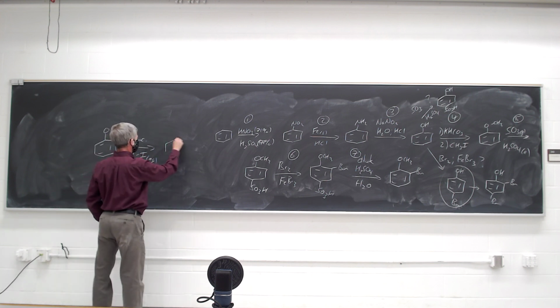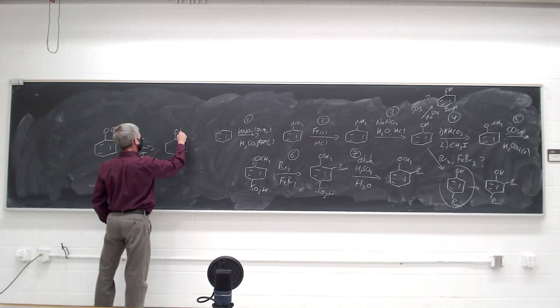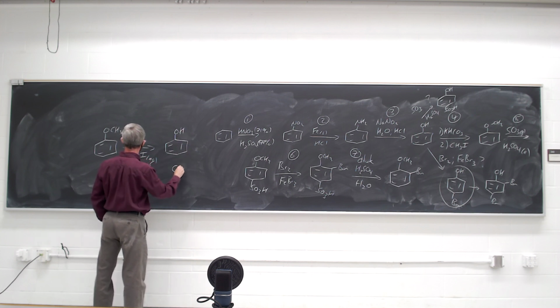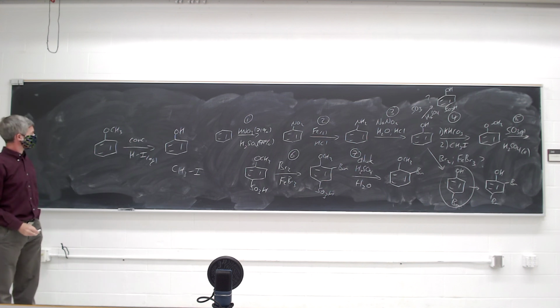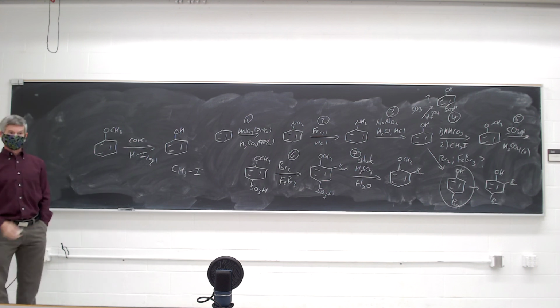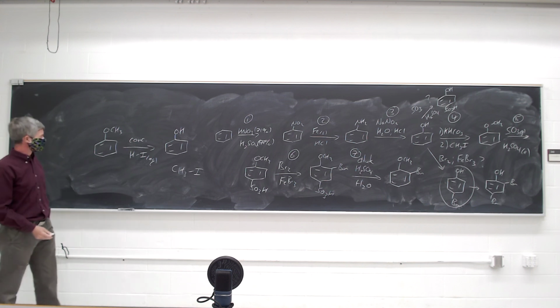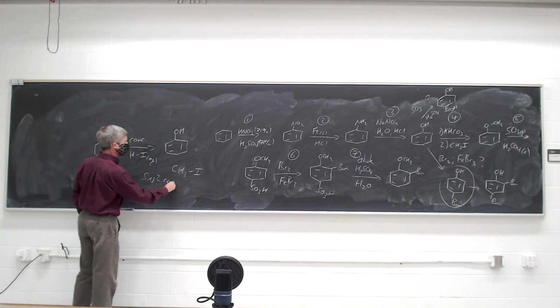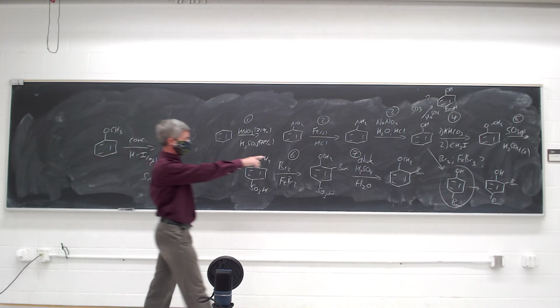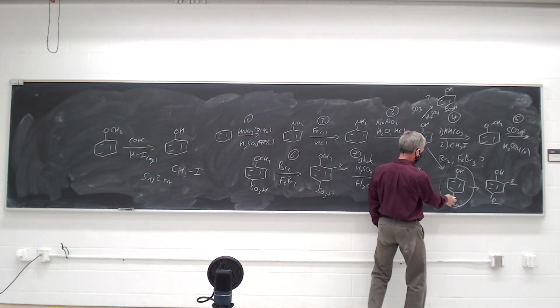Concentrated aqueous HI converts that back to the phenol and gives you CH3I as a product. You can think about that mechanism, but it's another SN2 pathway. So we can't do that, plus we don't really want that.